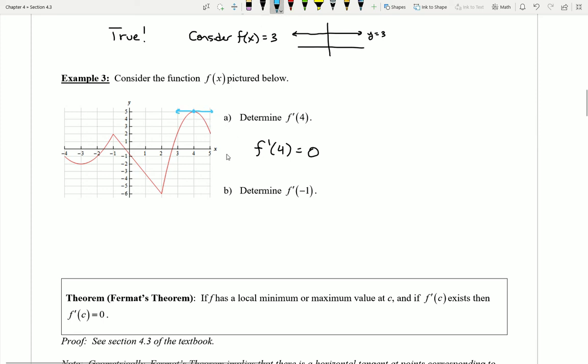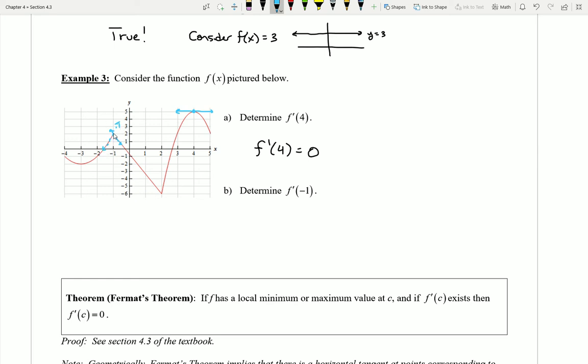Now, what about if I went to take a look at f prime of negative 1? Well, what I'll see here is that at this point, notice I have a corner point, a sharp corner. And at a sharp corner, there's a couple different tangent lines we could draw. Since the tangent line has to move in the same direction as the curve, if we were moving this way along our function f, we would get a tangent line looking like this. But if we were drawing tangent lines after coming up out of this parabola sort of shape, we might get a tangent line that looks like this.